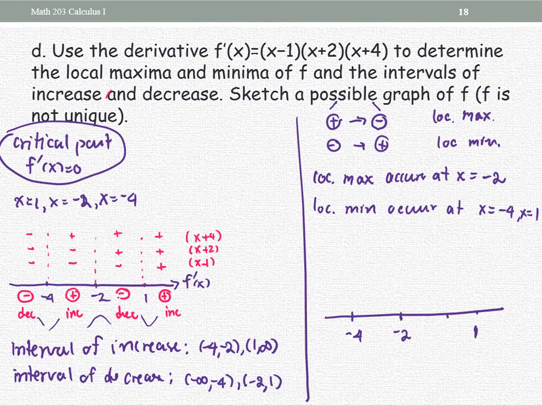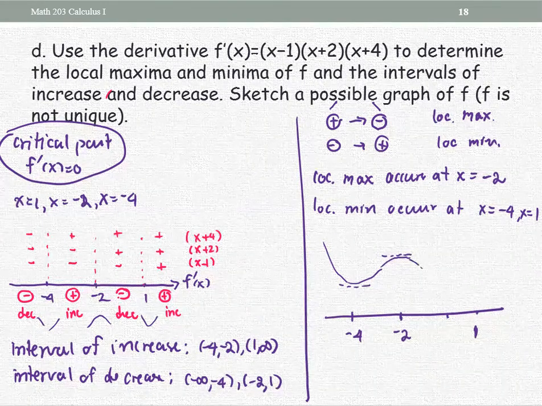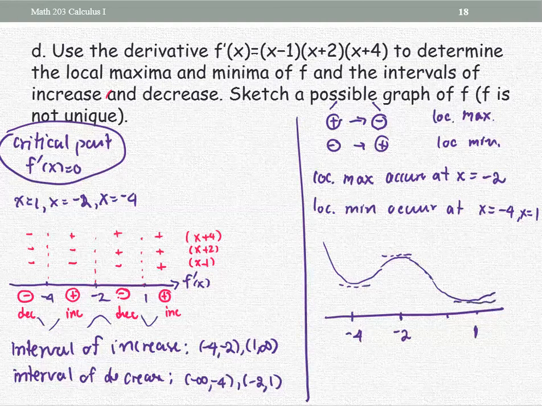The graph is decreasing on the left side of negative 4, and then increasing between negative 4 and negative 2, with slope 0 at negative 2, decreasing from negative 2 to positive 1, and slope 0 at positive 1, and the graph is increasing again on the interval 1 to infinity. So this is one of the sketch graphs that satisfies these conditions.